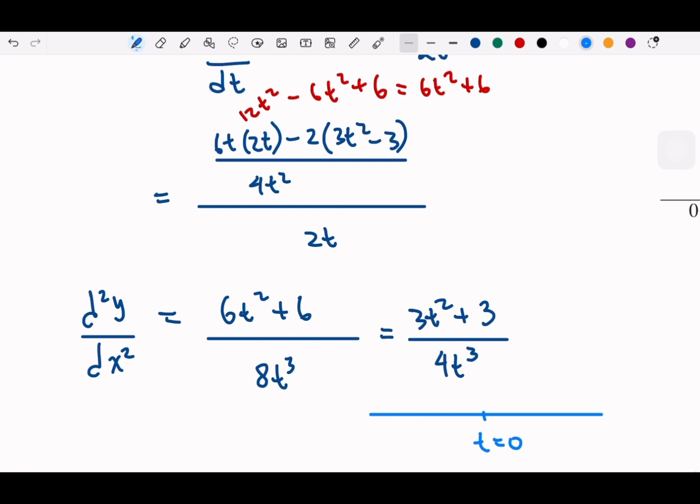When it's less than 0, it will be downward. When it's positive, it will be upward. Okay, so we get that here. This will be concave downward, and this will be concave upward. This is t less than 0, and this is t greater than 0. Sorry.